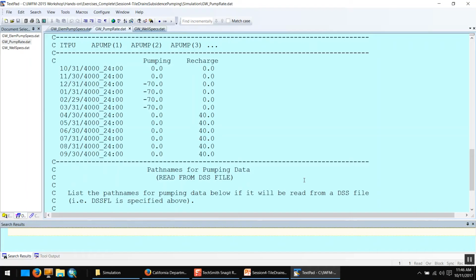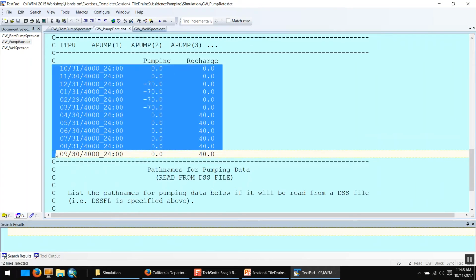But let's say that you want to have a steady, constant pumping rate throughout your simulation period. In that case, you would do something like this. Let's comment these out.